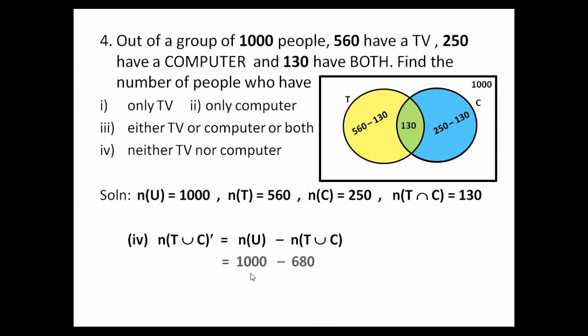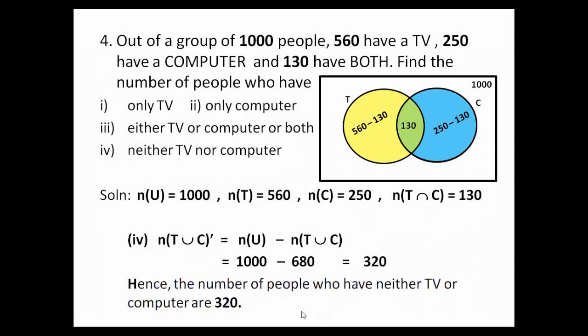So you can say 1000 minus 680, because 1000 is the total number of people, minus the union of these two sets, that is 680, will give you 320. Hence the number of people who have neither TV nor computer are 320.